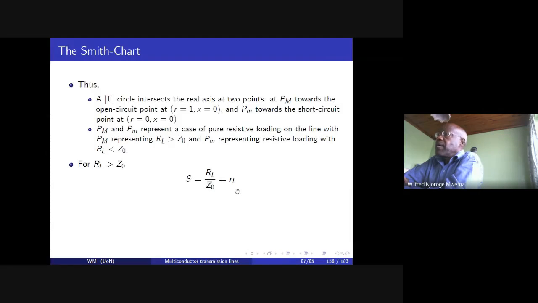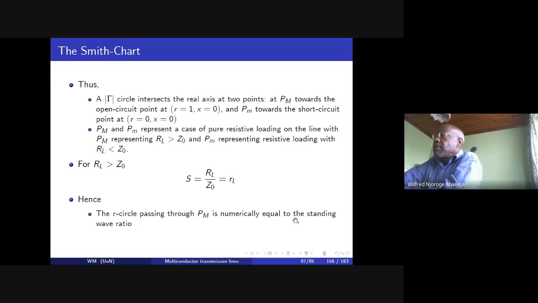So we can directly read from the Smith chart the voltage standing wave ratio for that case. Hence the R circle passing through PM will be numerically equal to the standing wave ratio on that line. The value of the R circle passing through small pm will then be equal to 1 over S.